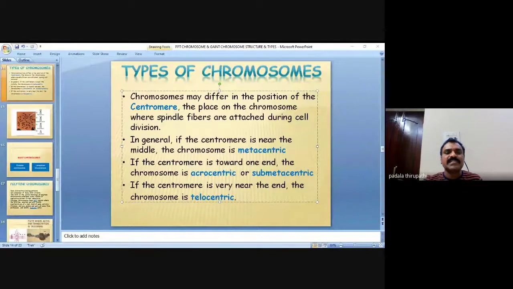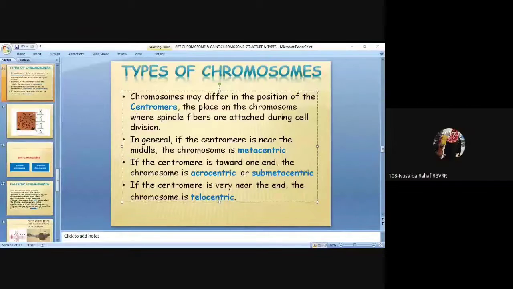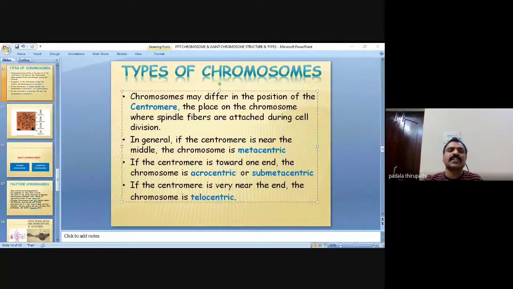Based on which position are chromosomes classified? The position of the centromere, where it is situated in the chromosome.